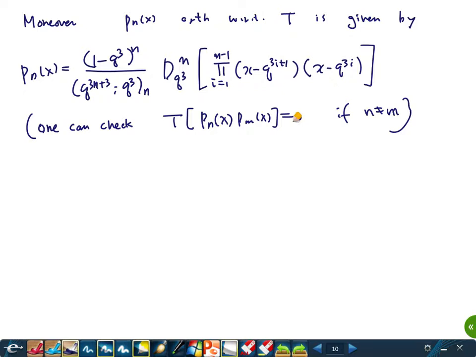So they must be the same. Of course this is not easy to come up with. It's not easy to come up with this idea, but it was already done for the q equals 1 case by Roderick, many years ago. So people were able to guess this and then find this formula.